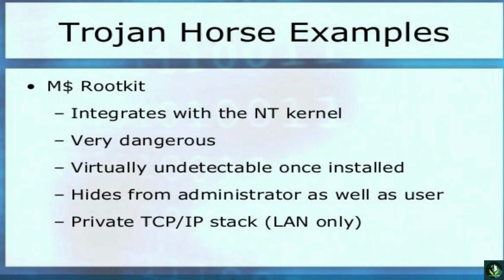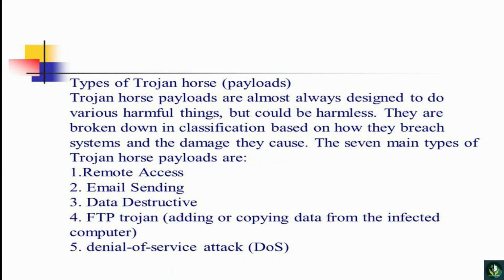Types of Trojan horse payloads. Trojan horse payloads are almost always designed to do various harmful things but could be harmless. They are broken down in classification based on how they breach the system and the damage they cause.